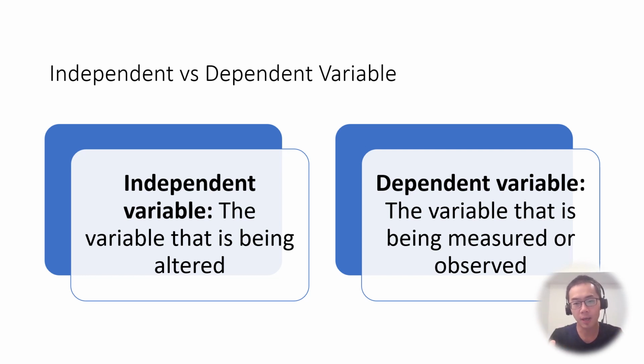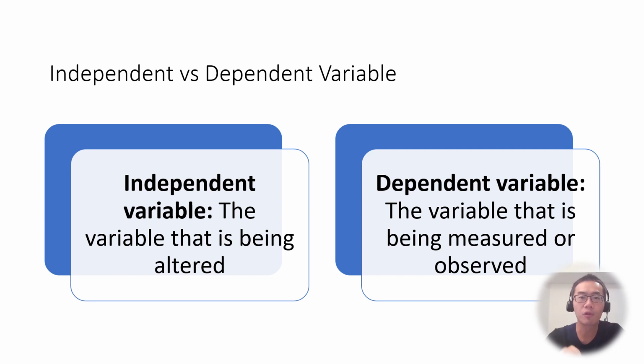So in an experiment, the goal is to alter the independent variable and see whether or not it changes the dependent variable. Think of the independent variable as the cause and the dependent variable as the effect. Will changing the independent variable affect the dependent variable? That's what the experiment is about.